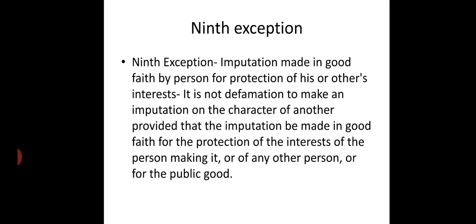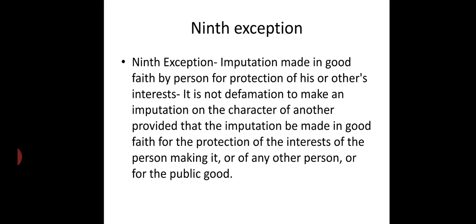Then what is the difference between exception 8 and exception 9? In exception 8, the person to whom the complaint is made must have lawful authority to deal with the subject matter of the complaint, while under exception 9 there is no such requirement.